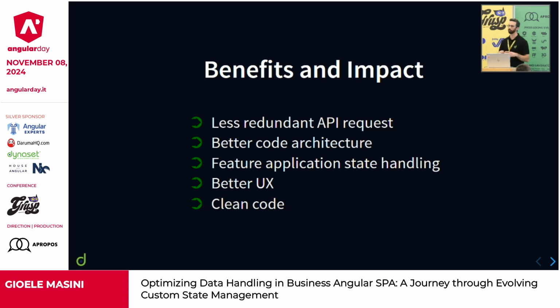This way we have more isolated code, so more maintainable, and if tomorrow we have to recreate a different UI for the same feature, we can still use the same sandboxes, surely the same business logic and the same APIs. We created a feature application state handling, so it fits our application perfectly and we don't have more code than what we need. And we have a better user experience and cleaner code.